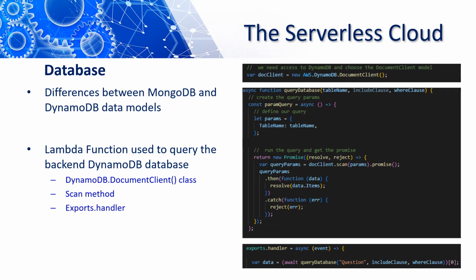Finally, it declares exports.handler, the code executed when the Lambda function event is triggered, which then calls the queryDatabase method to perform the actual query. So the code is shown to the right here and how this is done.